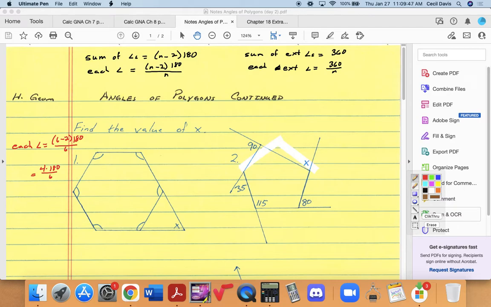It will be faster and easier if you don't multiply the 4 times the 180 and then divide by 6, because then you're making big numbers. 6 goes into 180 really nicely, doesn't it? How many times? 30 times 4 is 120. So each of these angles is 120.